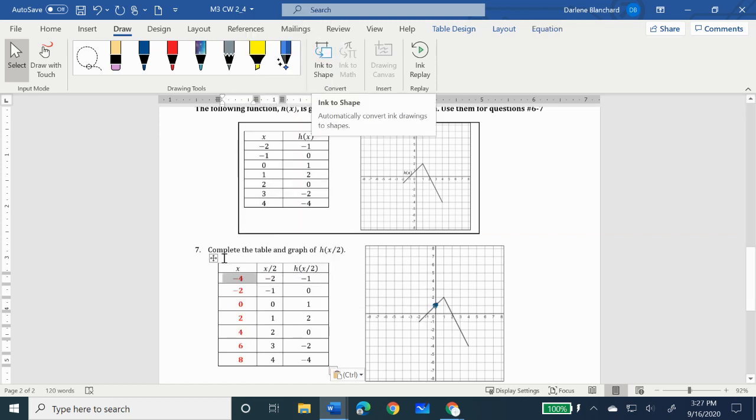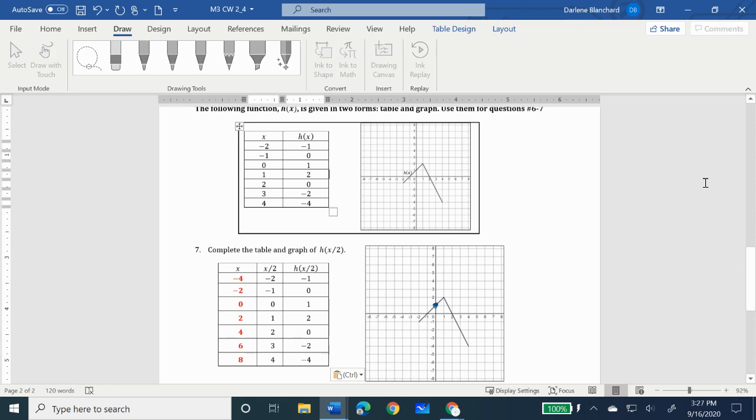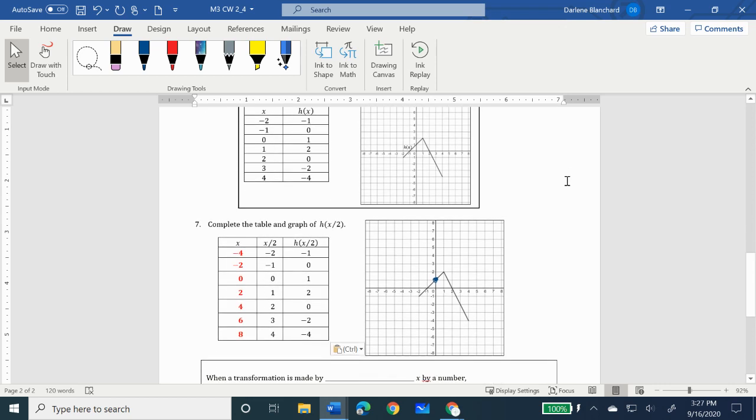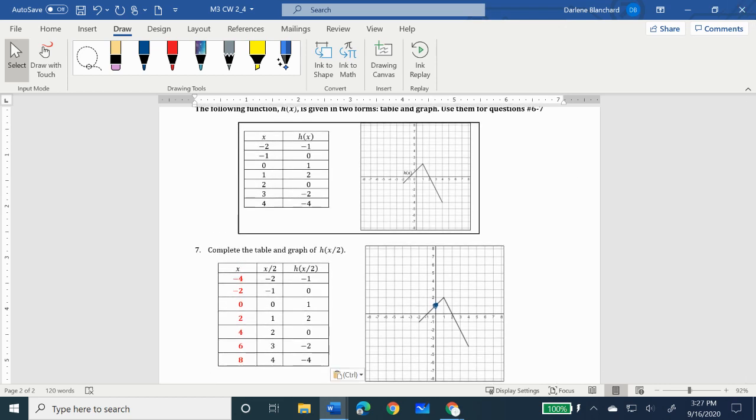Paste. There we go. And I'll just keep those red because it kind of shows why I'm the one coming in. And now I need to put my cursor somewhere else in order to make this work. Moving my cursor elsewhere. All right.